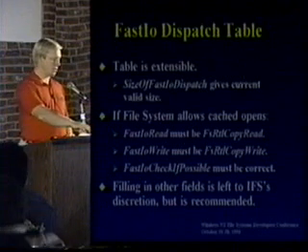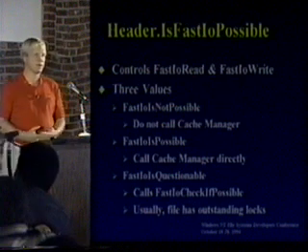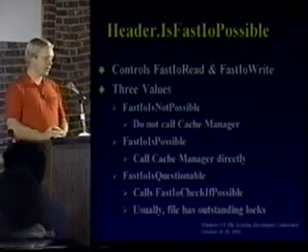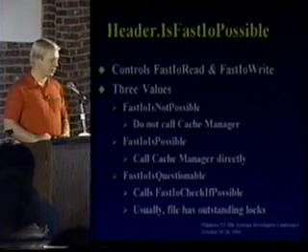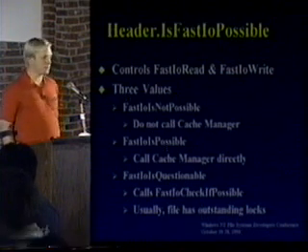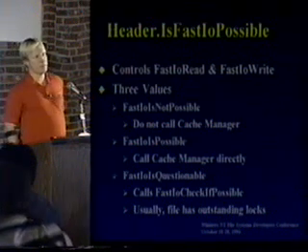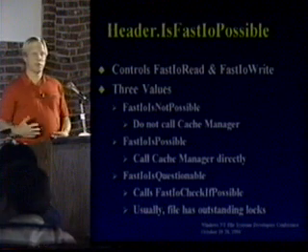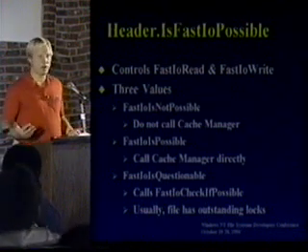And I'm going to talk about the check I/O as possible. Basically, when you're supporting fast I/O, there's a field in the FSRTL header called IsFastIoPossible. It has one of three values: FastIO is not possible, FastIO is possible, or FastIO is questionable. If the field currently contains FastIO is not possible and we get a read request to a cache file, then we don't even attempt to call the cache manager.